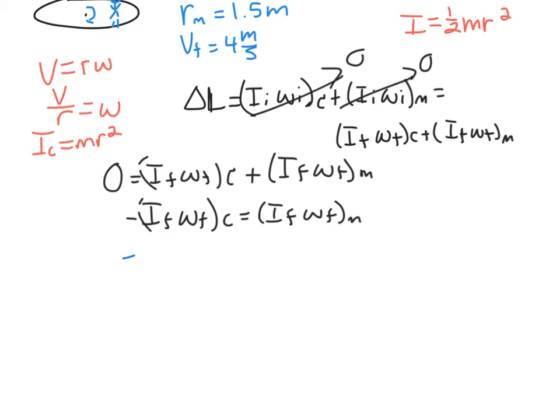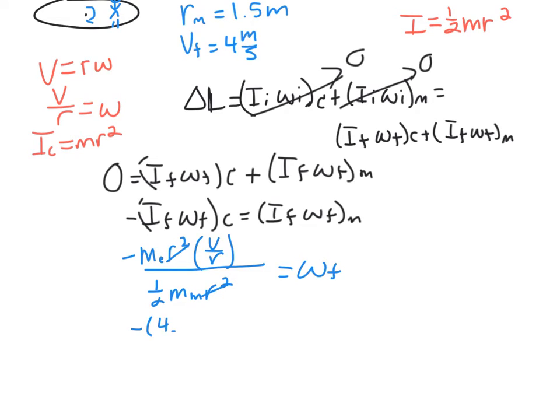So this would be negative mass of the child, r squared, times V over r, that's my omega, over 1/2 mass of the merry-go-round, r squared, and that equals omega final for the merry-go-round. R squared appears in both of those, so that can go away.